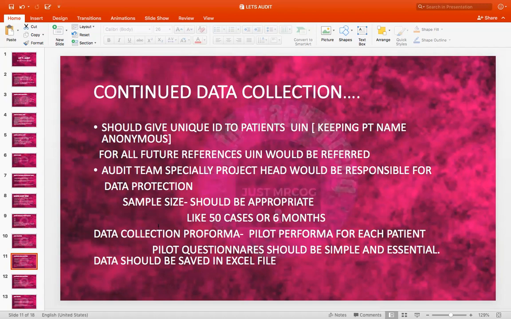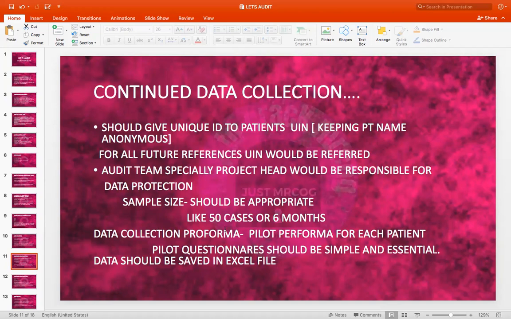If you have been given data that this much VBAC, this much breech, this much maternal requests, these are the data, how you are going to put it, where you are going to put it. You are going to put it in a proforma. Means you are going to write the recipe of your mother-in-law. Here you are writing the recipe.